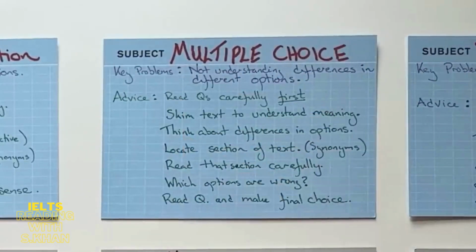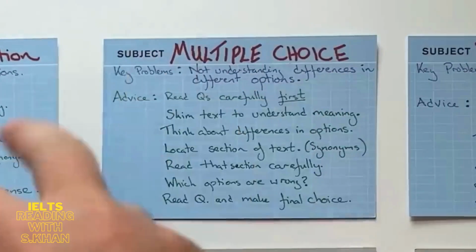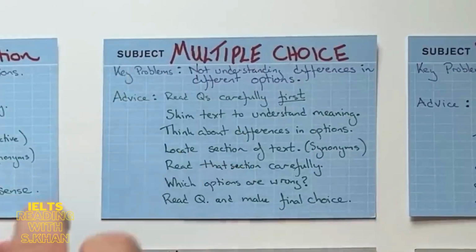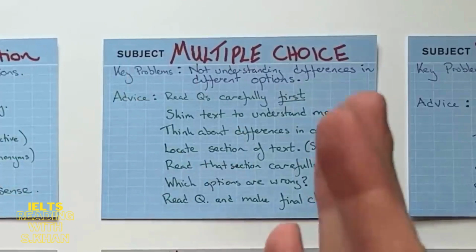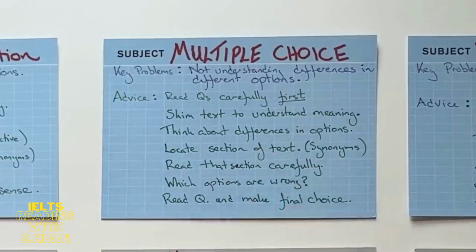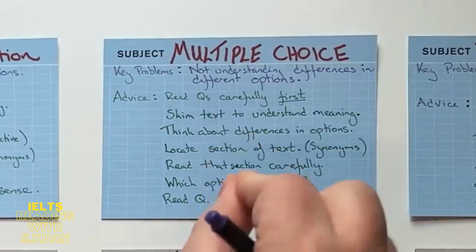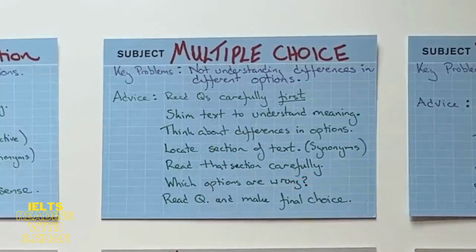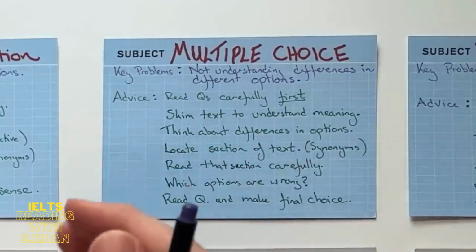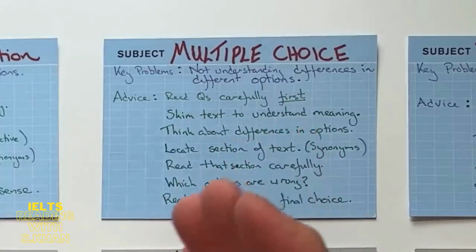Read that section carefully. So we've found the area, then we're going to read that section carefully. This is going to save us a huge amount of time because we're not reading the whole text. There might be 6 or 7 paragraphs. We're just focusing in on one of those paragraphs to answer that particular question. So it's being very strategic with thought, with intention, and with time.